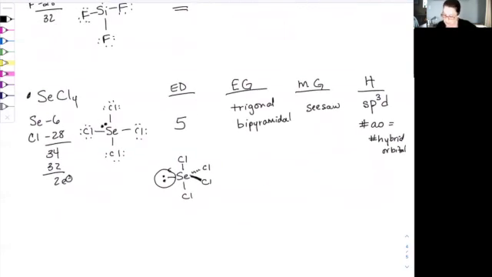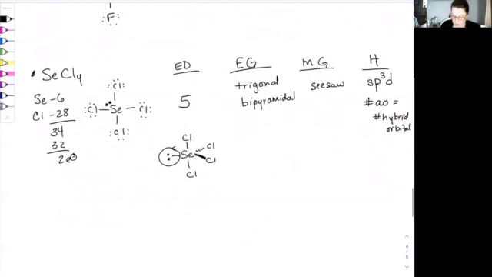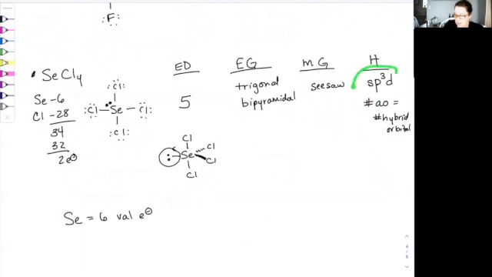So in this case, we could do it with this one. This is fine. So our central atom is selenium, which we said has 6 valence electrons. Okay, so its hybridization is sp3d. So that means it's going to have 5 sp3d orbitals, and these are all the same.